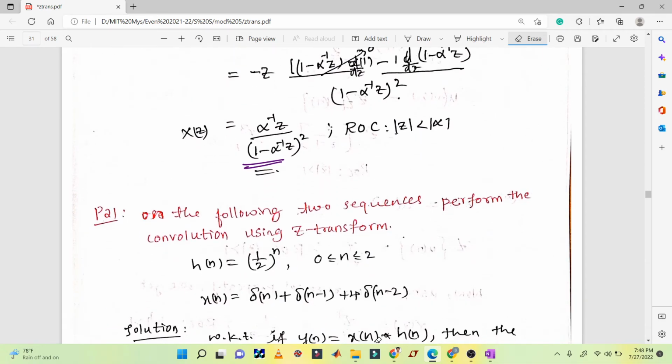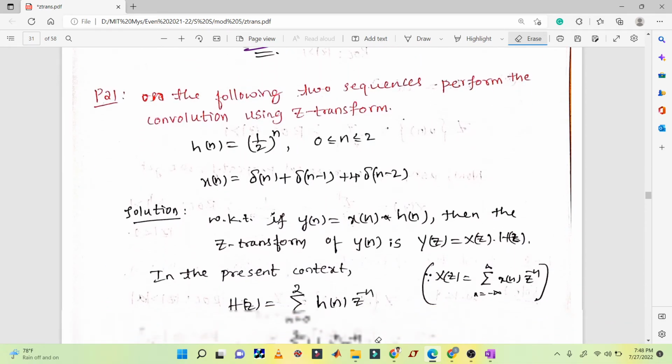This problem I had asked you to solve on your own. Now this problem is a typical problem where convolution is used. I have told you that in the time domain, convolution is h of n convolved with x of n. In the frequency domain it is h of z multiplied by x of z. Some simple problem has been given here. You can see h of n is given, x of n is given.